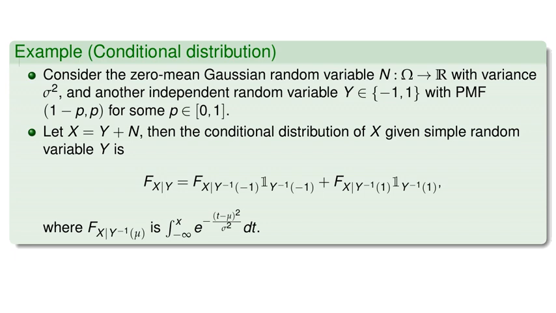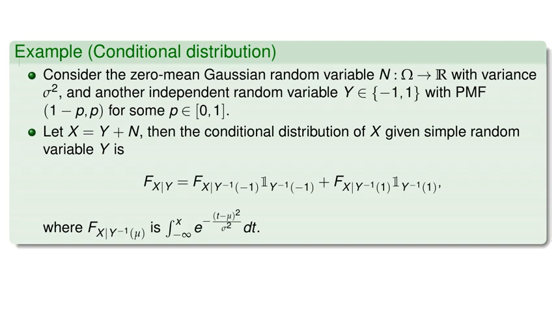Then the conditional distribution of x given the simple random variable y is f sub x given y equals f sub x given y equals -1 times indicator y equals -1 plus f sub x given y equals 1 times indicator y equals 1.